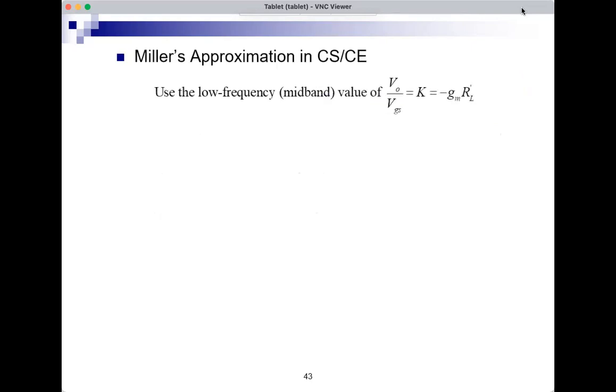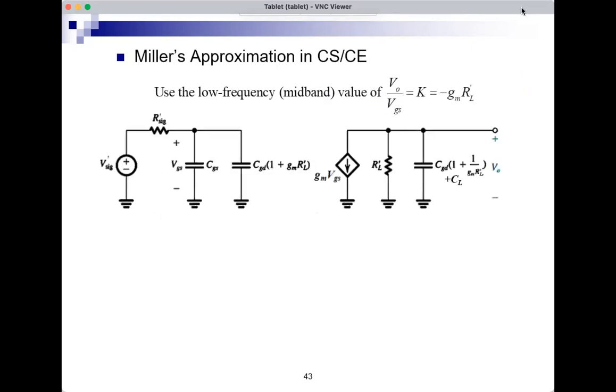This is the Miller approximation in common source, common emitter. Here what I had previously as CGD is now two capacitors. CGD into 1 minus K, where K is minus gm R'L, so CGD into 1 minus K becomes CGD into 1 plus gm R'L. This is between node 1 and ground.